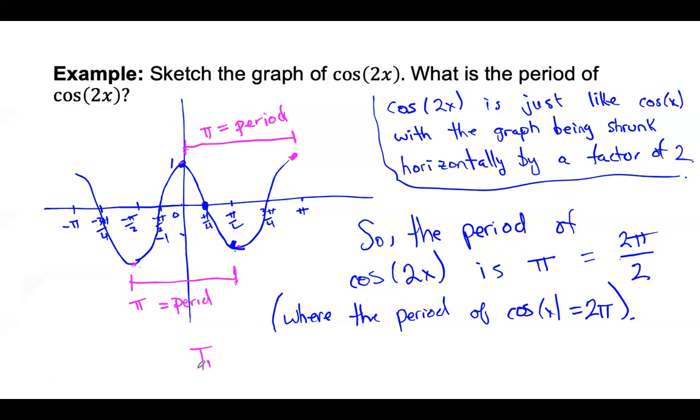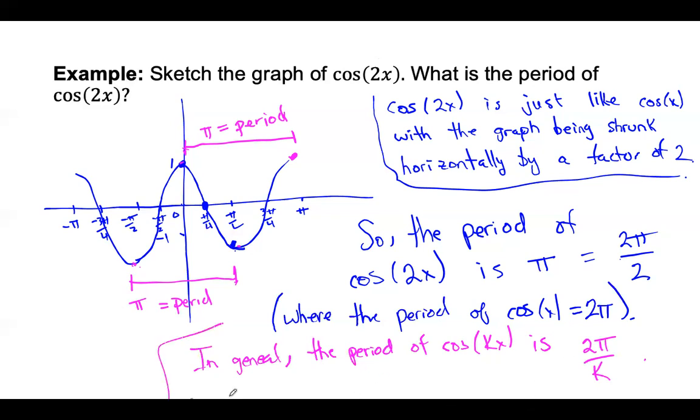In general, the period of cos of kx, because this is in the form of cos 2x where our k was 2, is equal to 2 pi divided by k. So we have a general formula for this.